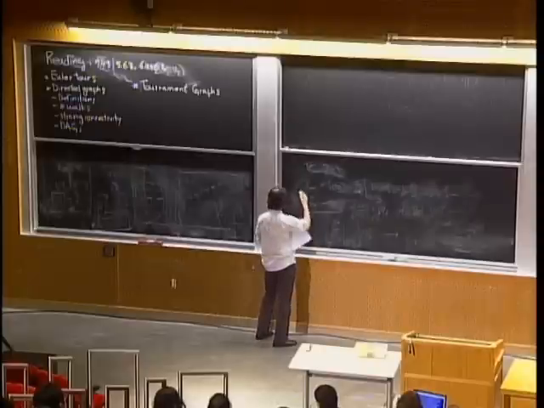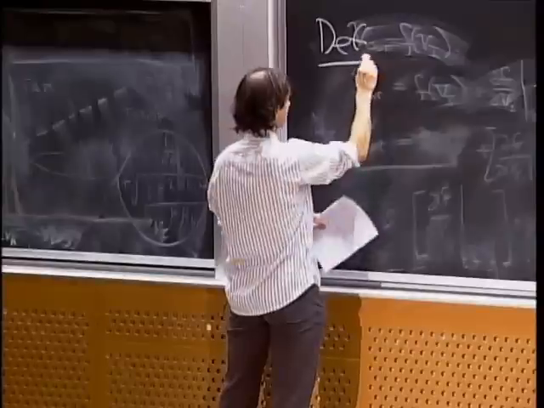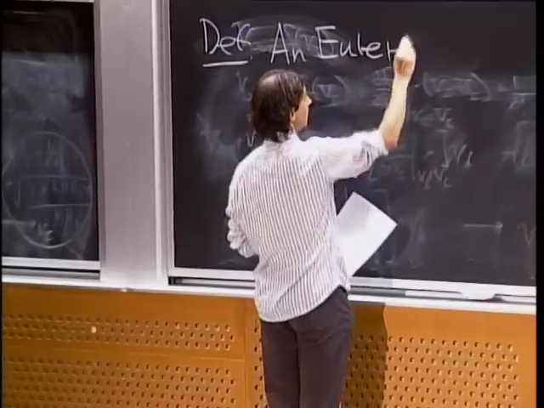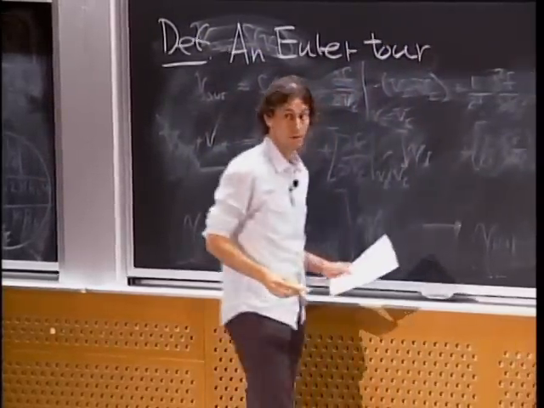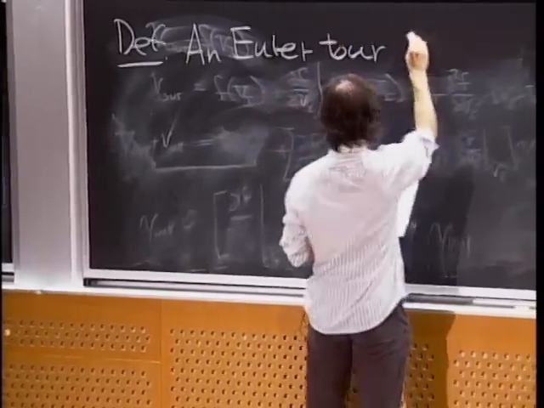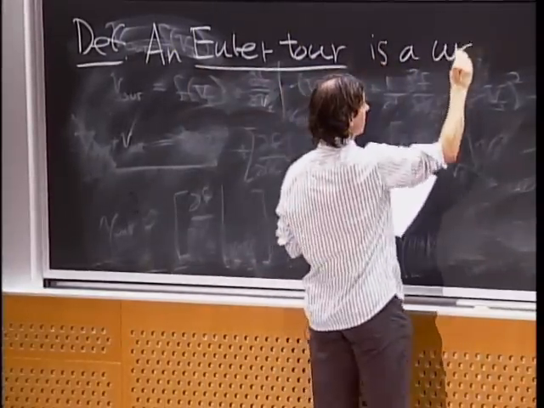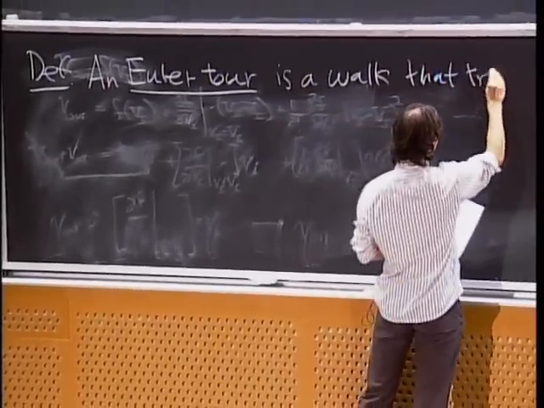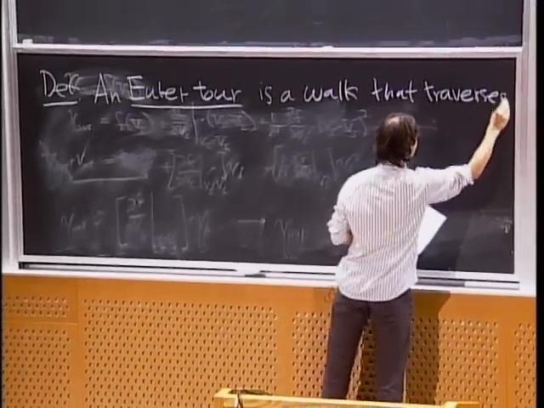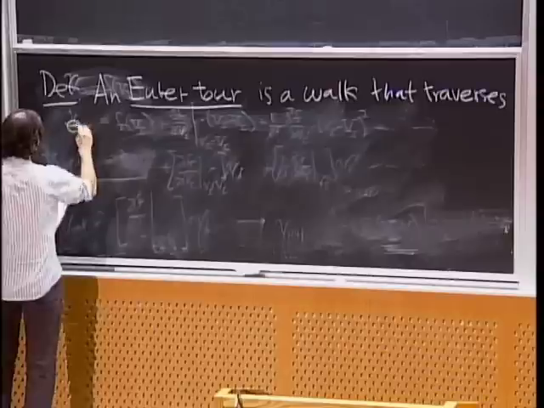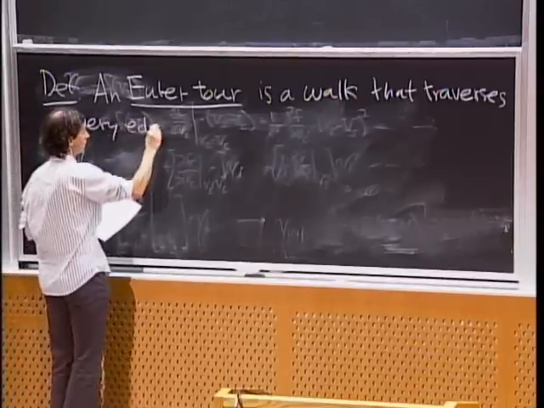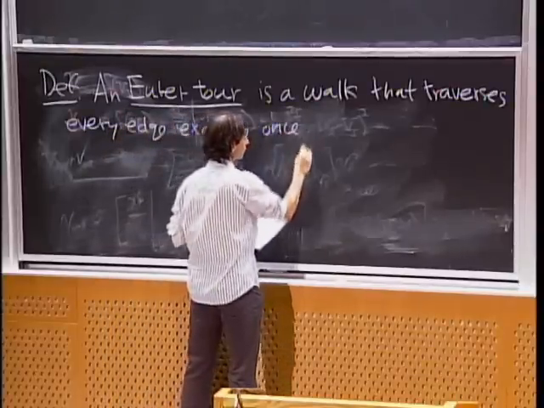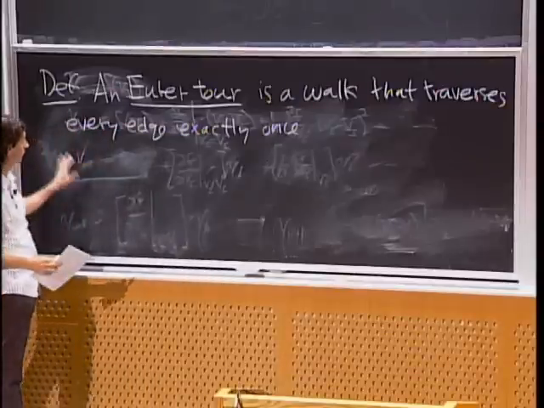So what is an Euler tour? It's actually defined as a special walk. It's a walk that traverses every edge exactly once. So it turns out that we can actually characterize these types of graphs.